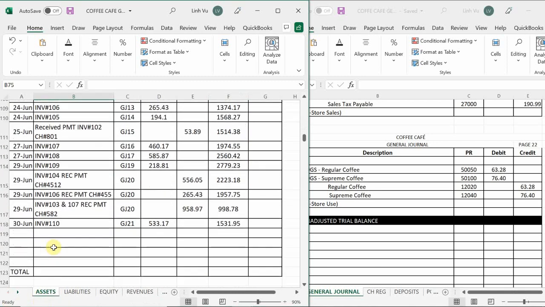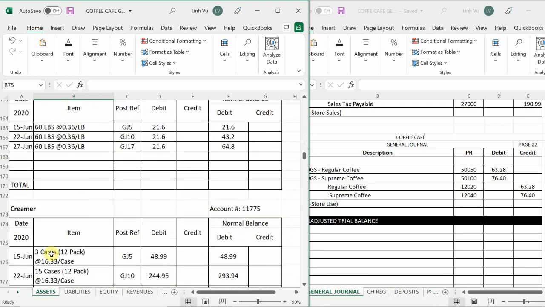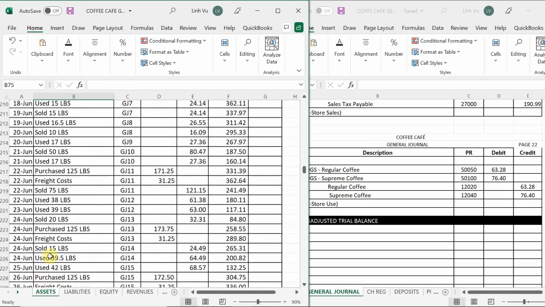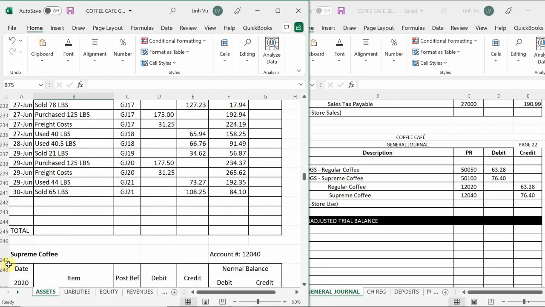Update our inventory. For the regular coffee, we used 38 pounds.